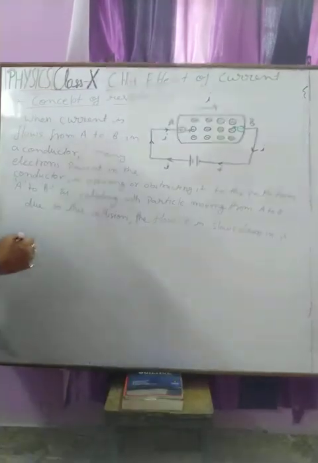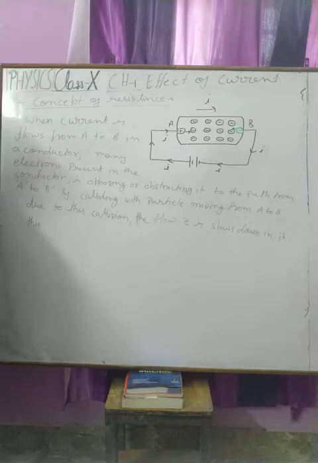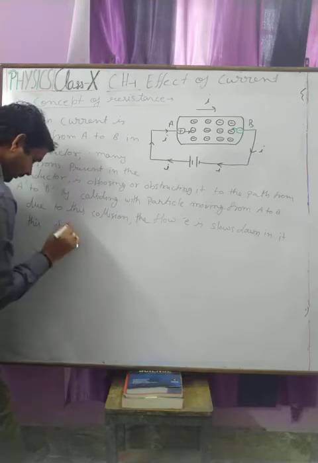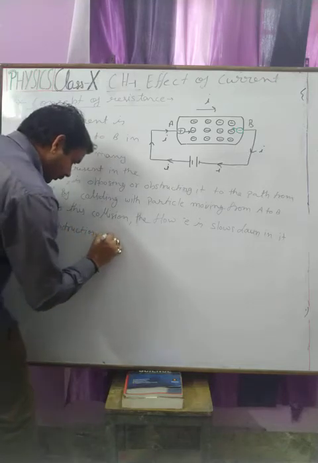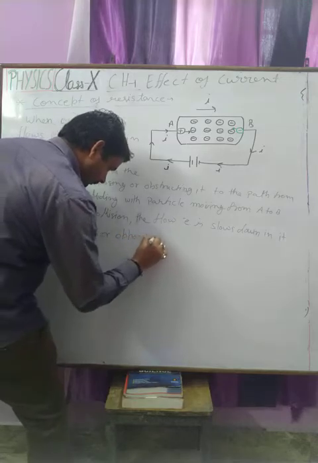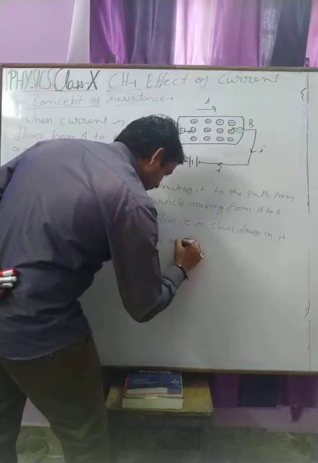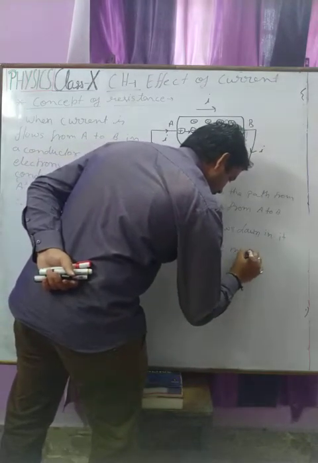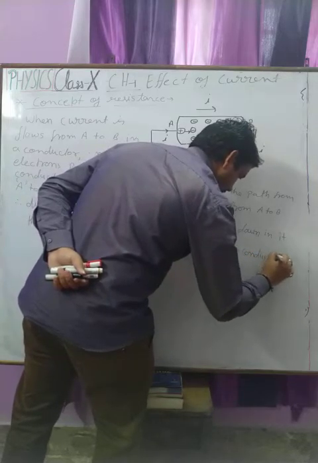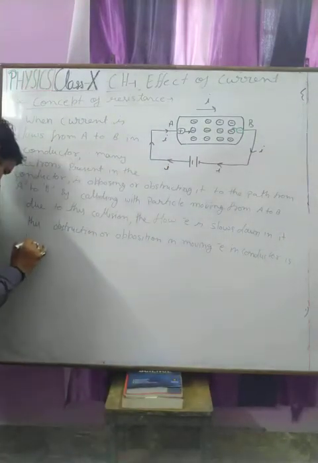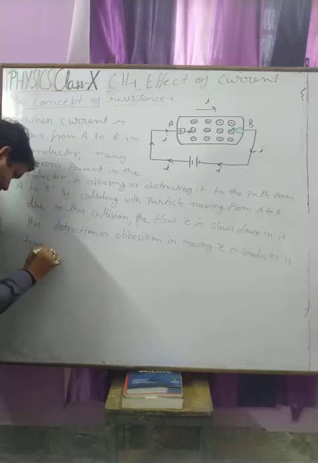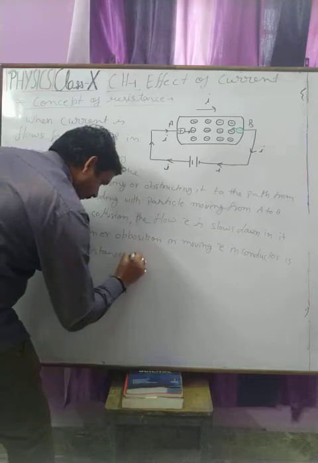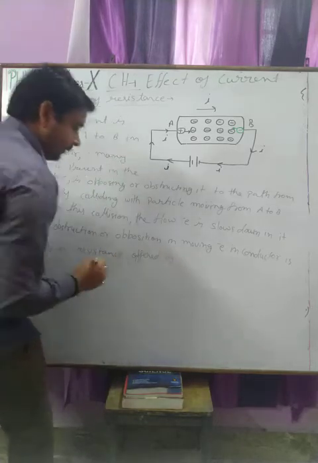This obstruction or opposition to the moving electrons in the conductor is termed resistance offered by the conductor.